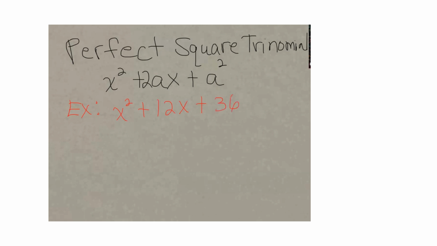So you look, if the first term is a perfect square and the last term is a perfect square, you check to see if the square root of the last one, which in this case, the square root of 36 is 6, times 2, so 2 times 6 is 12, is your coefficient for your middle term.